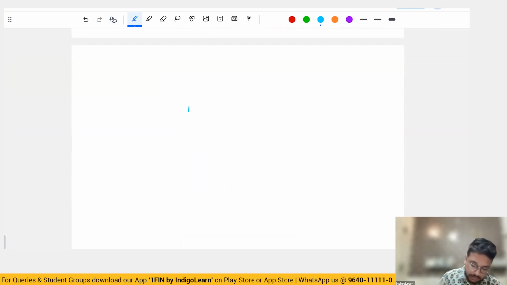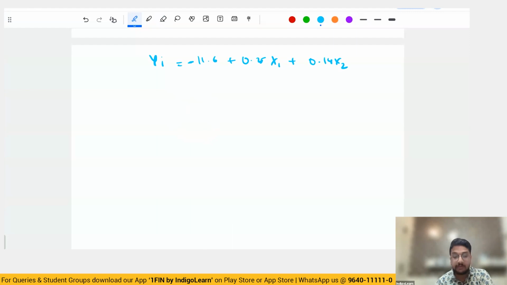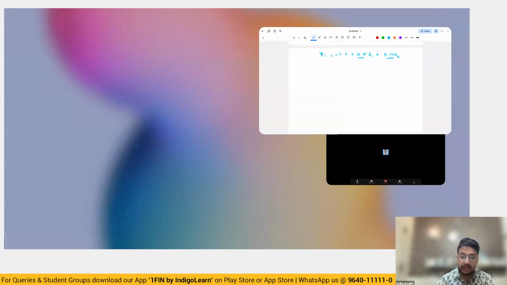In the case of multiple regression, you have an equation given like this: Y equals minus 11.6 plus 0.25 x1 plus 0.14 x2. Now we have to interpret the significance of this. So what do these terms mean?